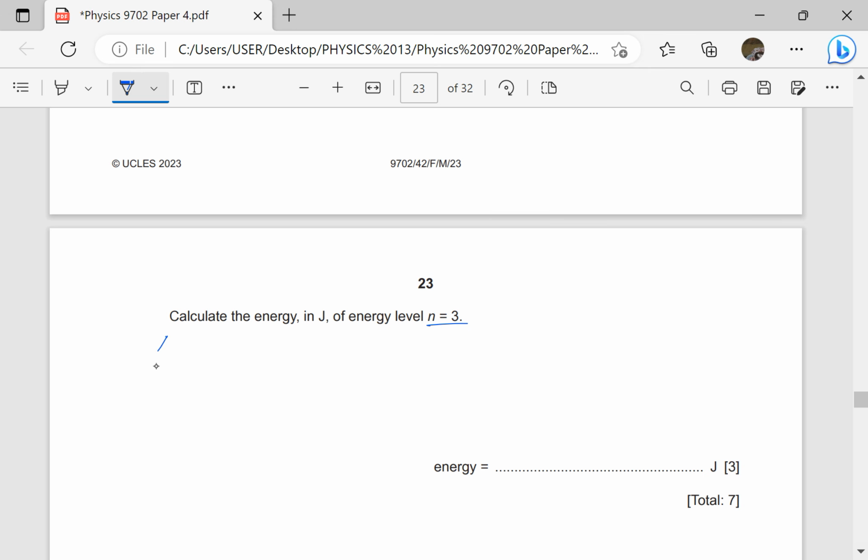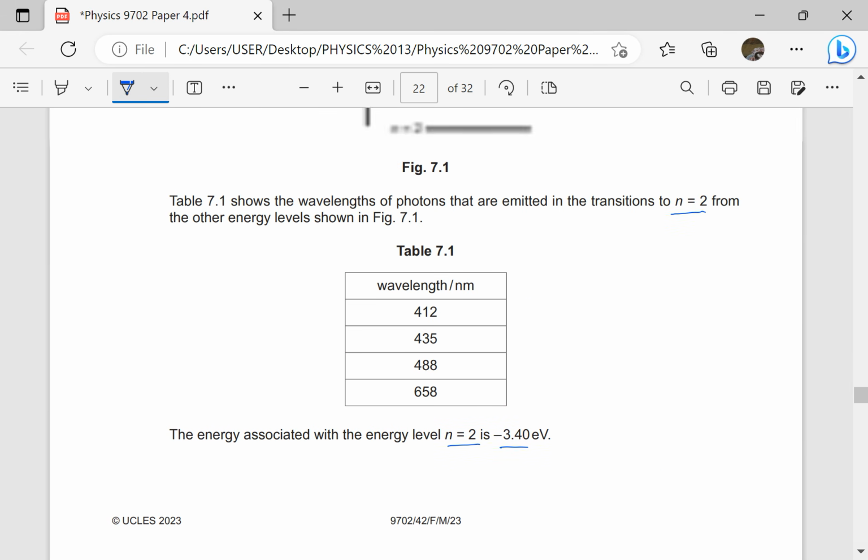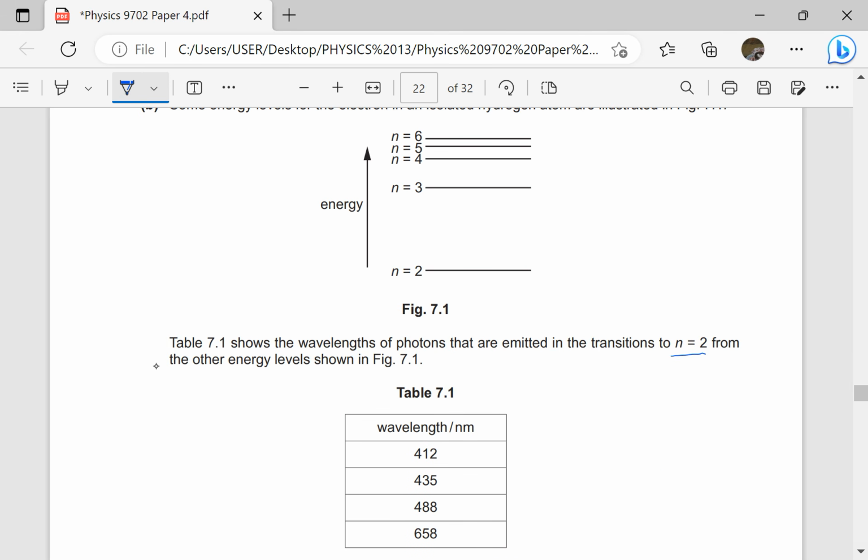So we know that the difference in energy levels is given by hc over lambda. Let me call this one E1, and I'll call this one E2.